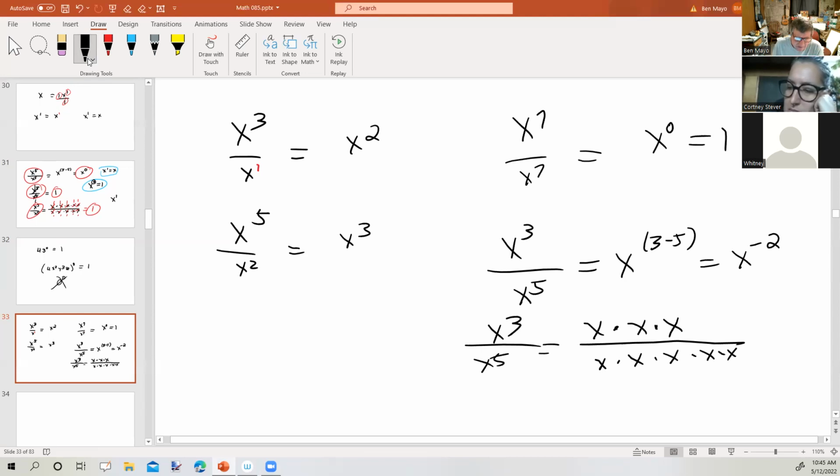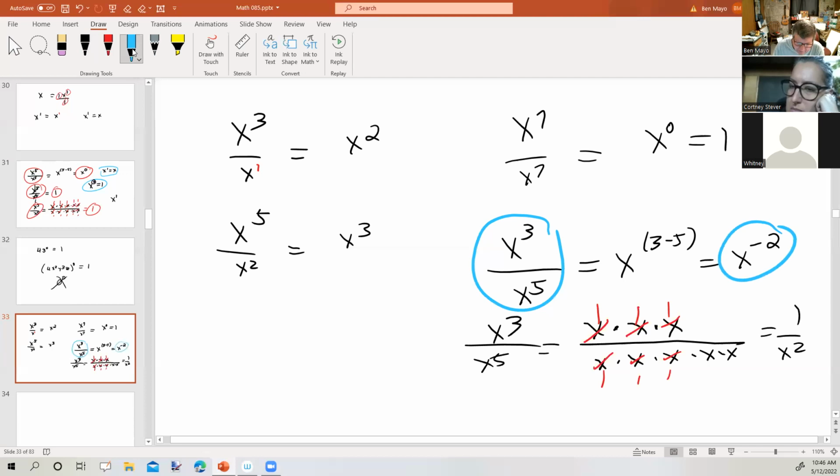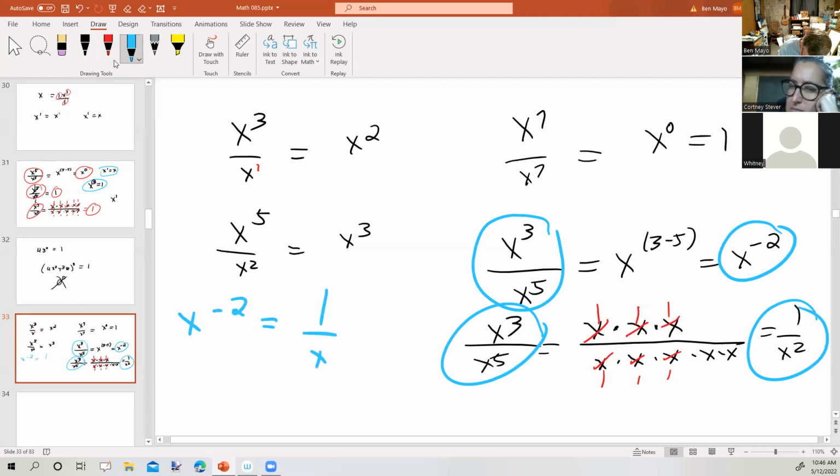I've got 3 factors of x on top over 5 factors of x on the bottom, reducing it down, I end up with 1 over x squared. Well, if this equals that, but it also equals that, then it stands to reason that that equals that.